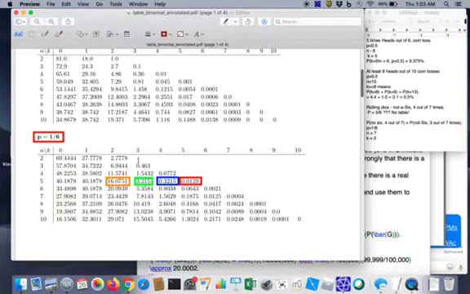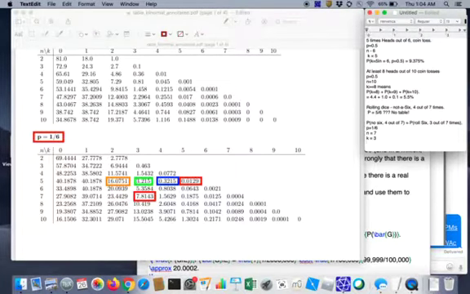And then we need to find the row with label 7 and the column with the label 3. So that brings me right here. I just got 7.8143%.